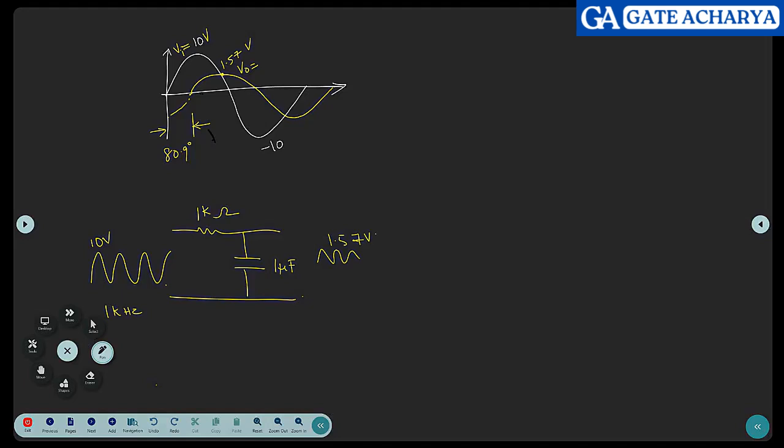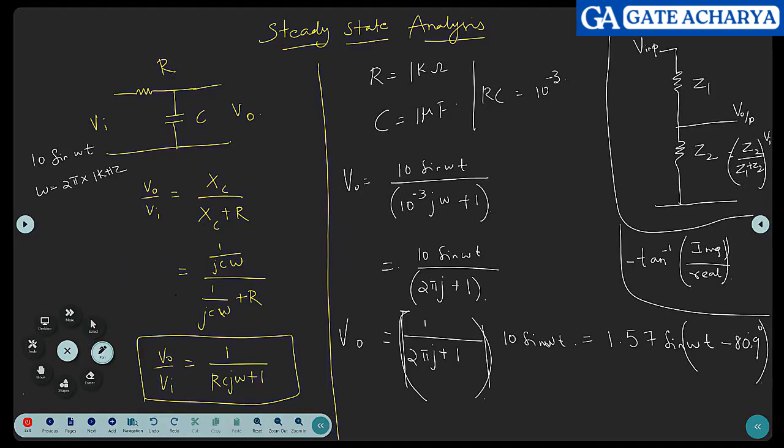What is the meaning of this complex number's magnitude and phase? The magnitude of this decides how much will come out. Will the whole 10 volt come out? No. This says only 1.57 volts will come out.